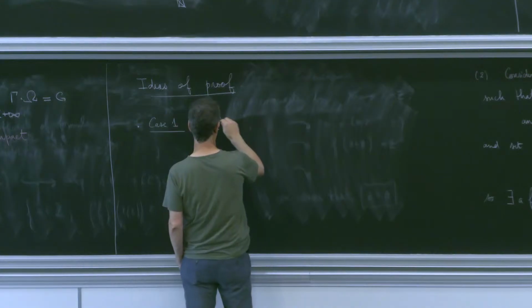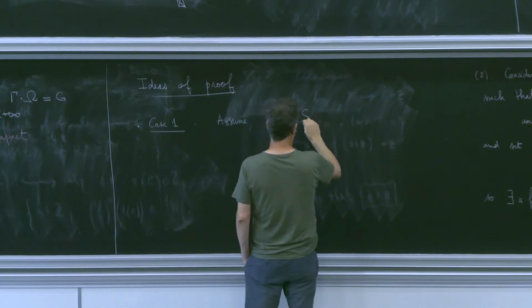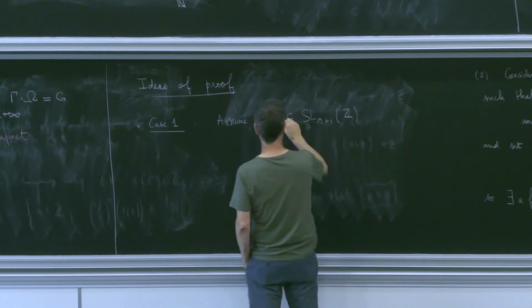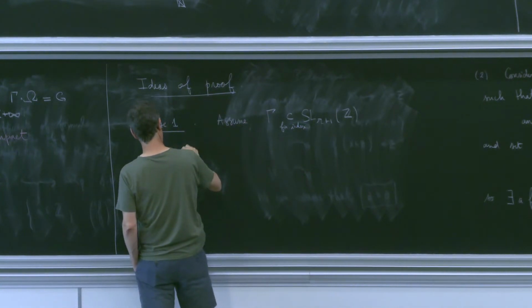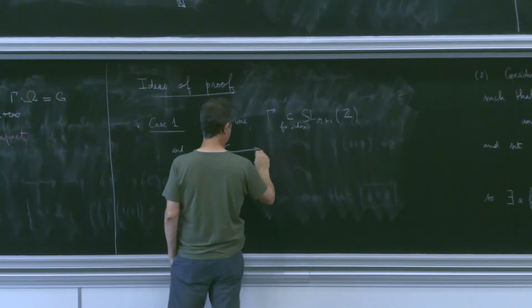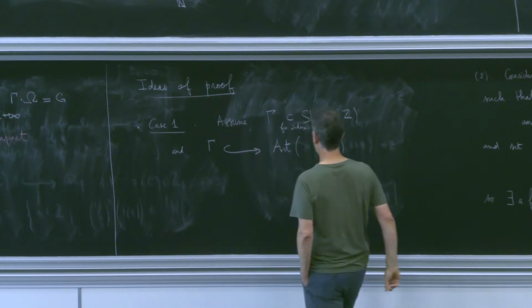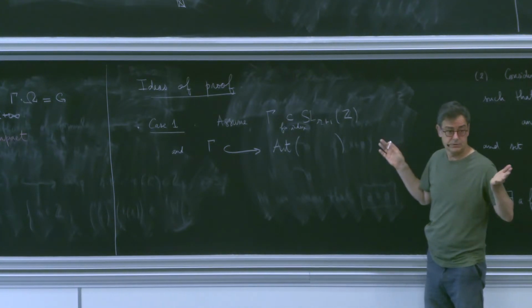So assume gamma is in SL R plus 1 Z of finite index, and gamma embeds into the group of automorphisms of a variety, not projective, okay?